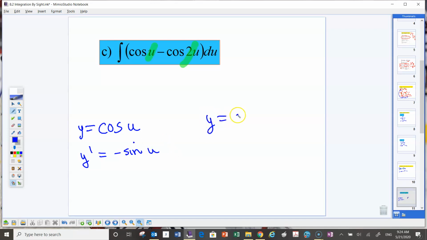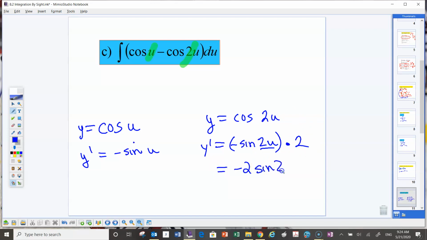But if we had cos 2u, remember, you would take the derivative of cos, which would be negative sine 2u, and then you'd have to times by the derivative of 2u, which would be 2. That constant would come out front, and you would end up with negative 2 sine 2u.